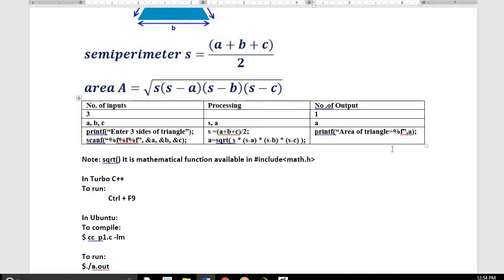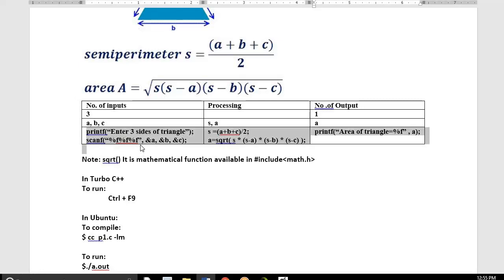How to print, we already know. Printf also has two parts separated by a comma. In the first part we have the text message with the format specifier. The required message is: Area of triangle equals %f. %f is replaced with the A value. A has the result.